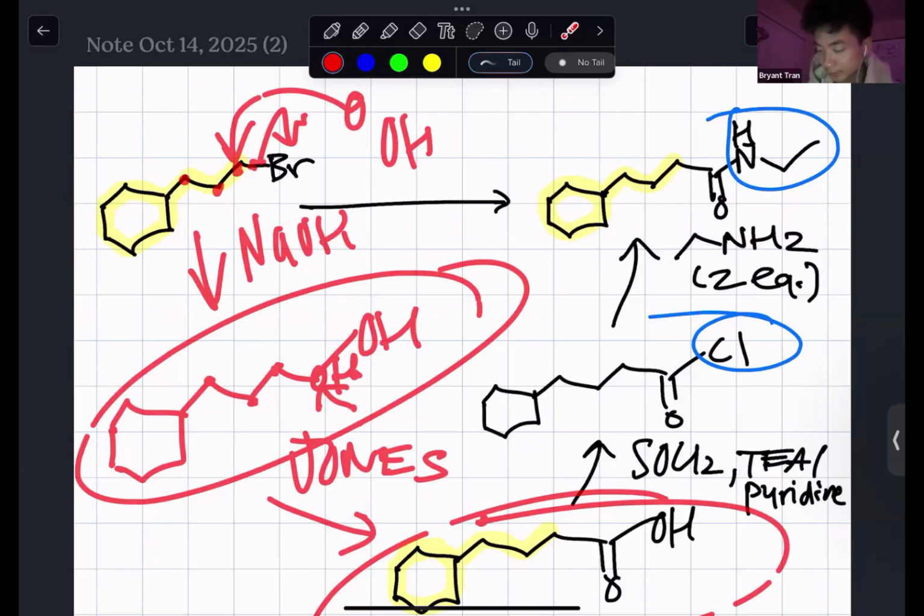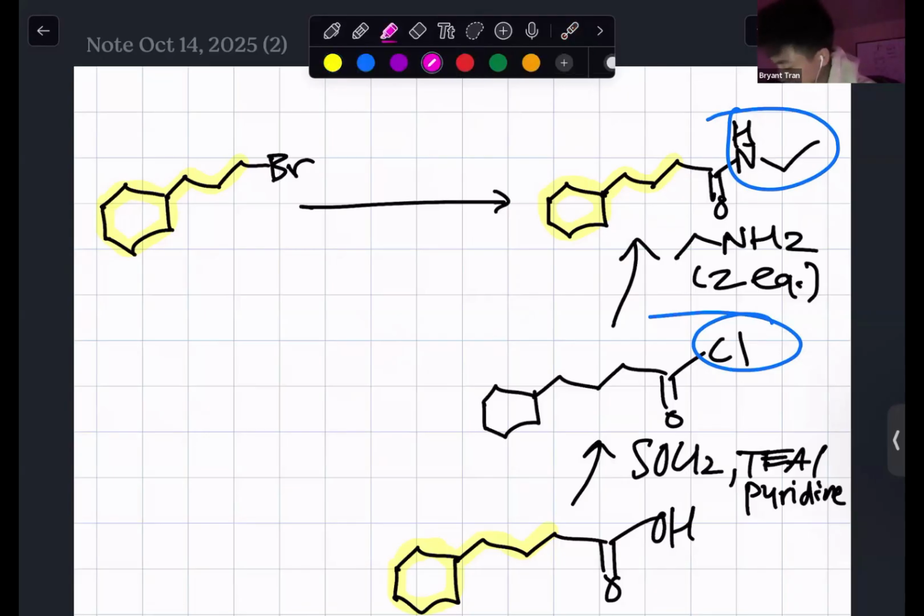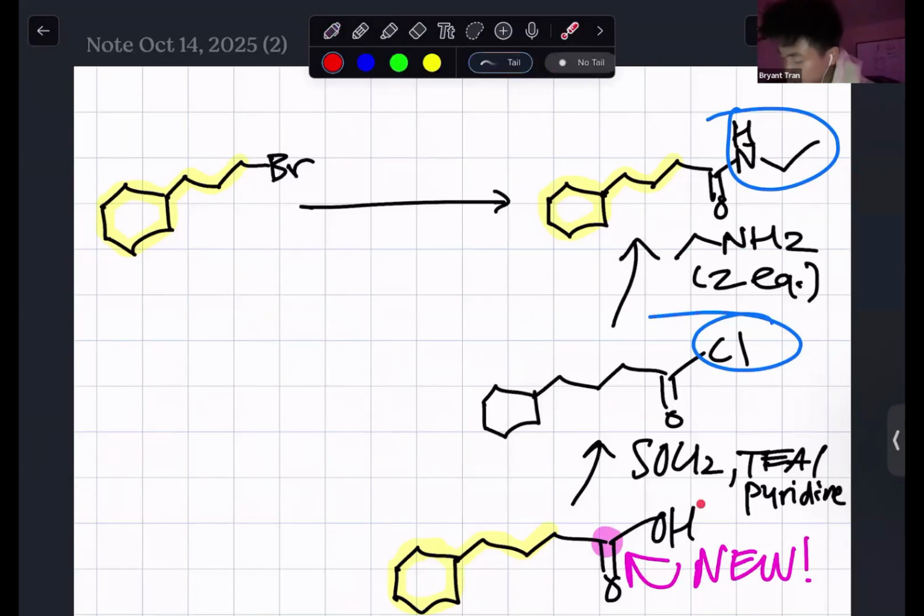So we can't get this OH group like that. Yep, this right here is the other carbon, the new carbon to the structure, and that new carbon is the carbon of the carboxylic acid right there.